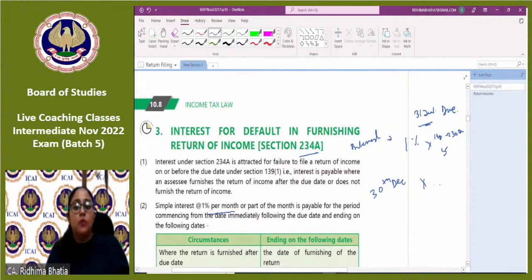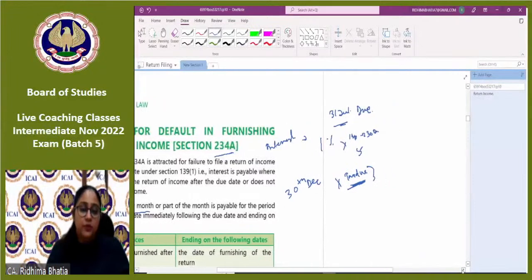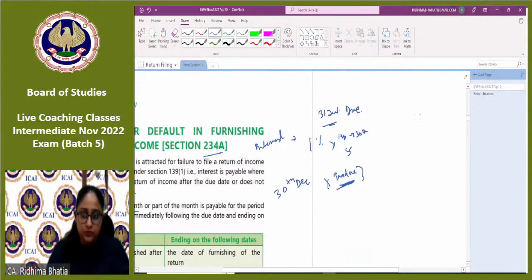But the question will come, on what amount? The amount of which the tax is due. Tax due means not the tax liability which is coming. The tax due here means the amount net of the tax liability, net of the TDS, TCS, or the advance tax which you paid during the year, or any relief or any MAT credit.